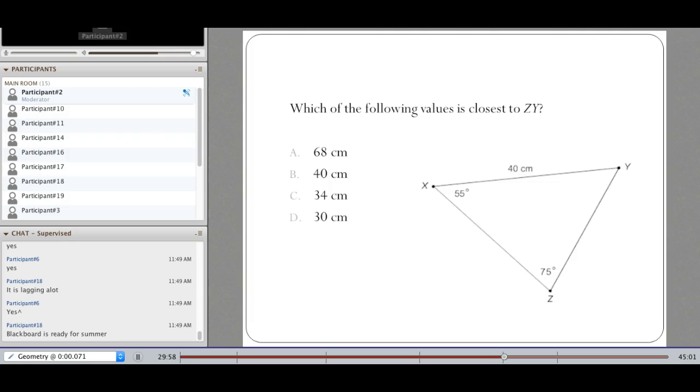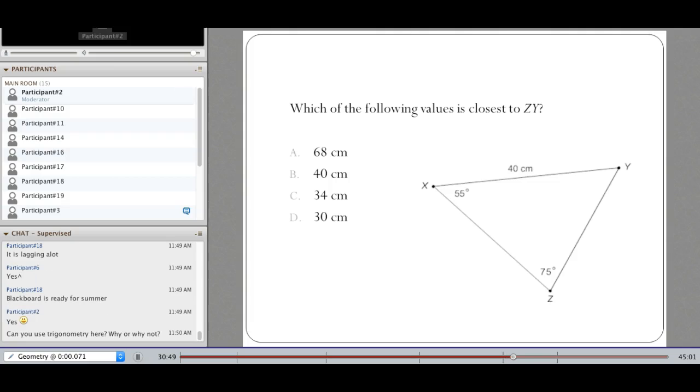Okay, let me clear out the timer and give you guys another shot at this one. Go for it. Okay, good.